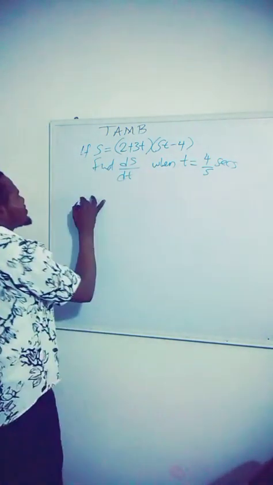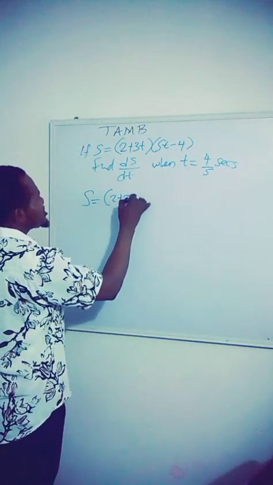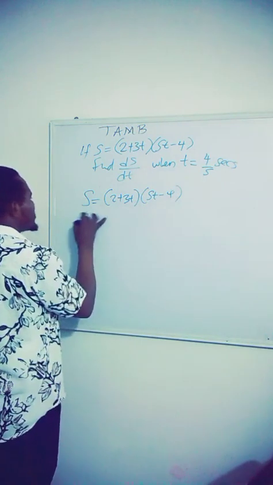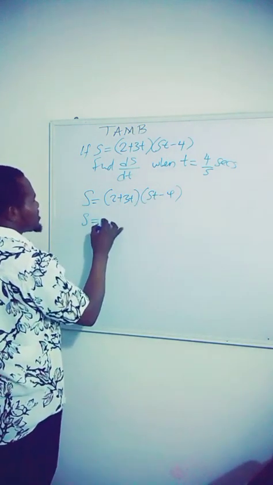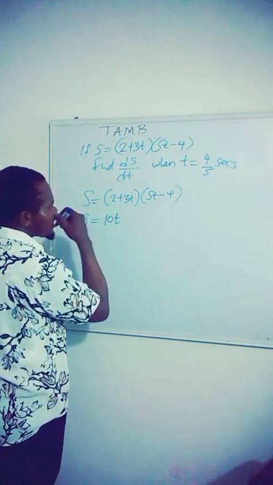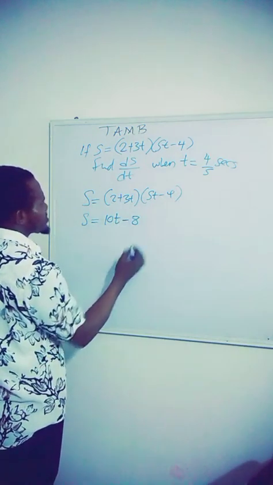Now here, before you differentiate, let's expand this: (2 plus 3t)(5t minus 4). 2 times 5t, that is 10t. 2 times minus 4, that is minus 8.